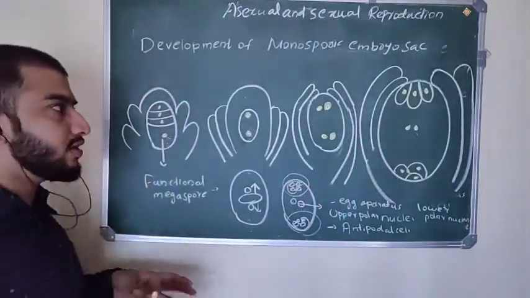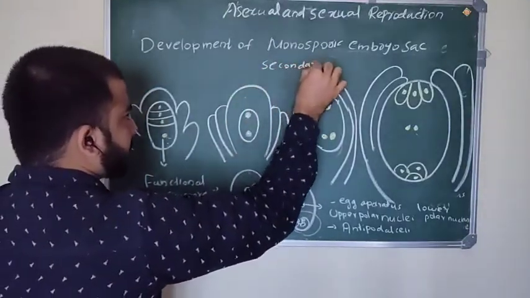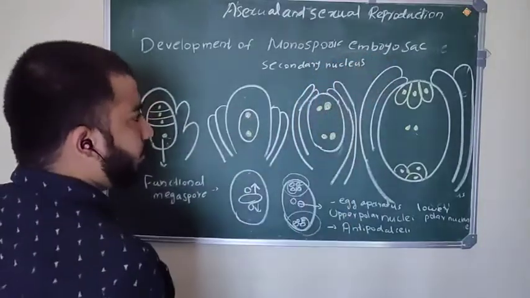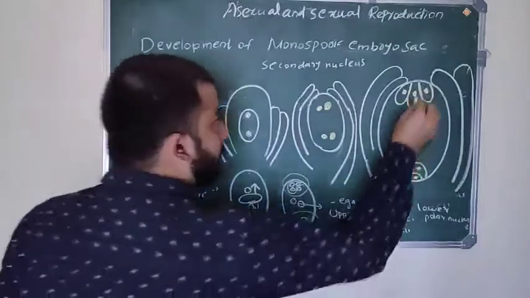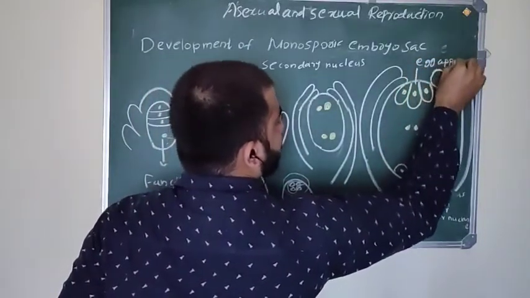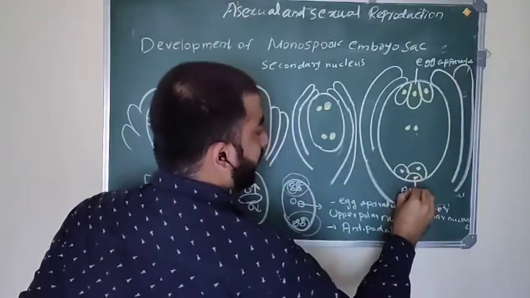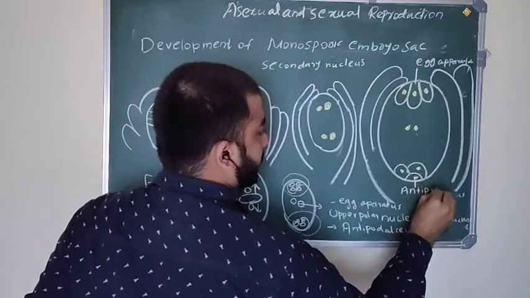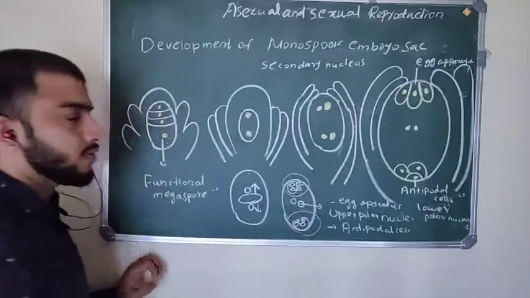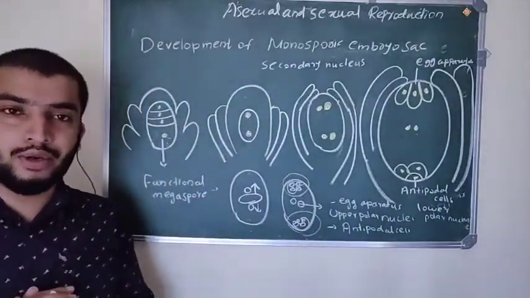That fused nucleus is called the secondary nucleus. So this is the egg apparatus, and these are antipodal cells. Okay, this is how the monosporic embryo sac is developed.